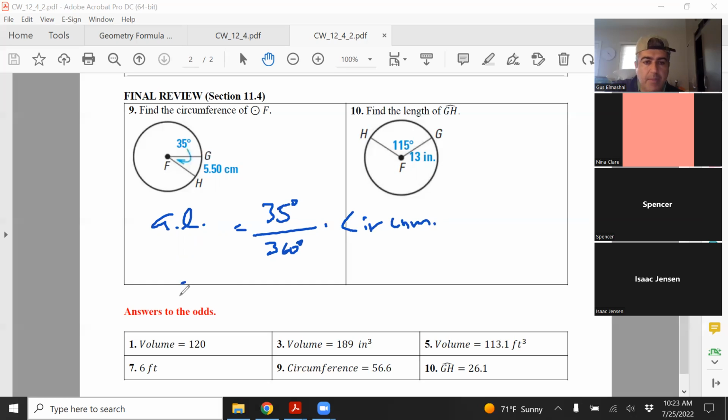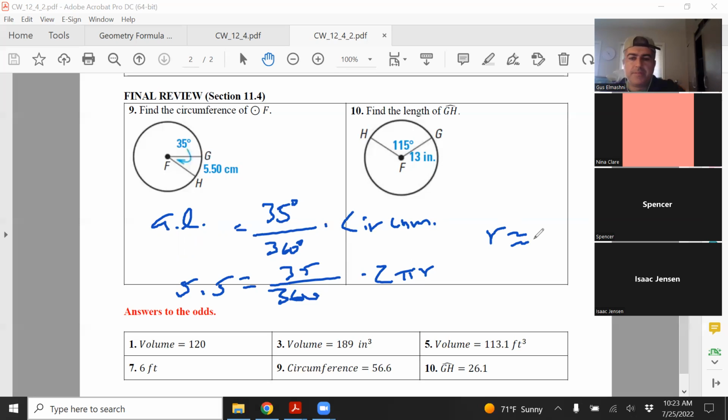The arc length is 5.5. Whatever 35 over 360 is, times 2 pi r, and you've got to solve for r. And if you solve for r correctly, you should get about 9.